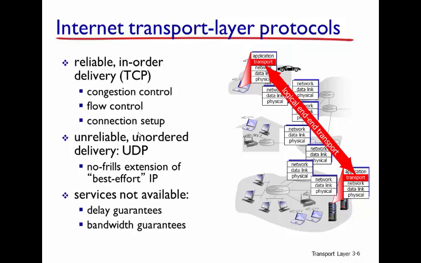There's a difference. In the transport layer, there are two protocols available, TCP and UDP. TCP is reliable, in-order delivery. Meanwhile, UDP is unreliable, unordered delivery. An example for TCP is email messages; for UDP, movies, multimedia.